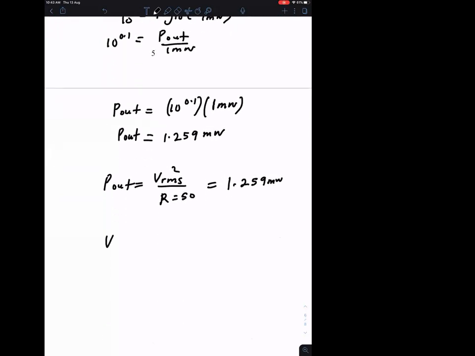Vrms is the square root of 50 times 1.259. How much is that? 0.25.